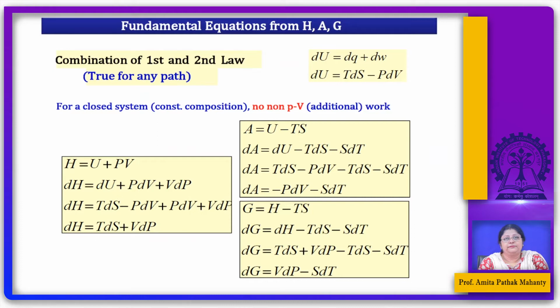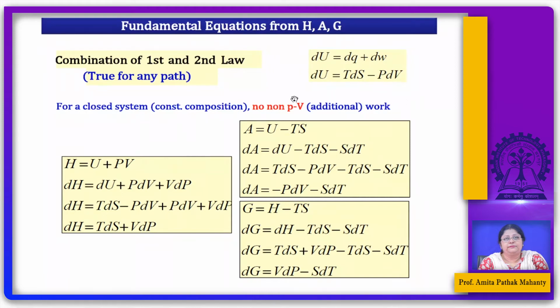From here we are talking about the combination of the first law and second law. We are talking about the equality sign, we are not putting in the inequality, because we are talking about equilibrium states. We are not going to talk about spontaneity, we are talking about conditions when you have reached the equilibrium. So when you have reached the equilibrium, the inequality is replaced by the equality sign.